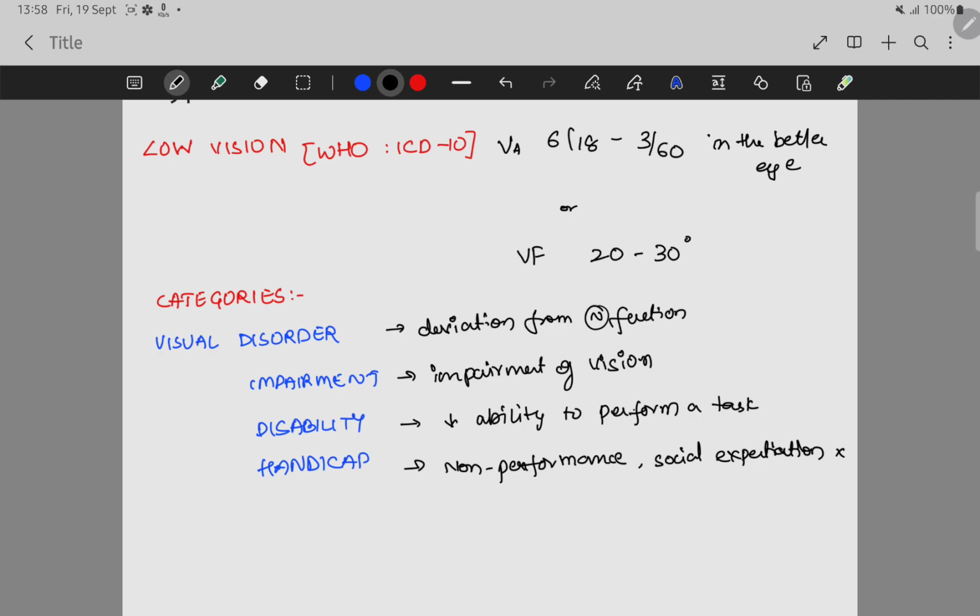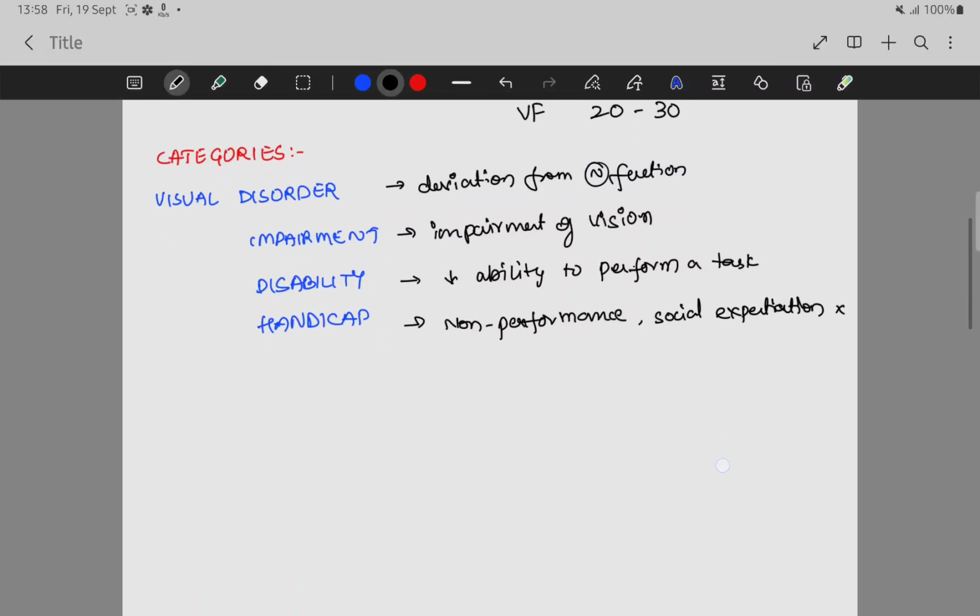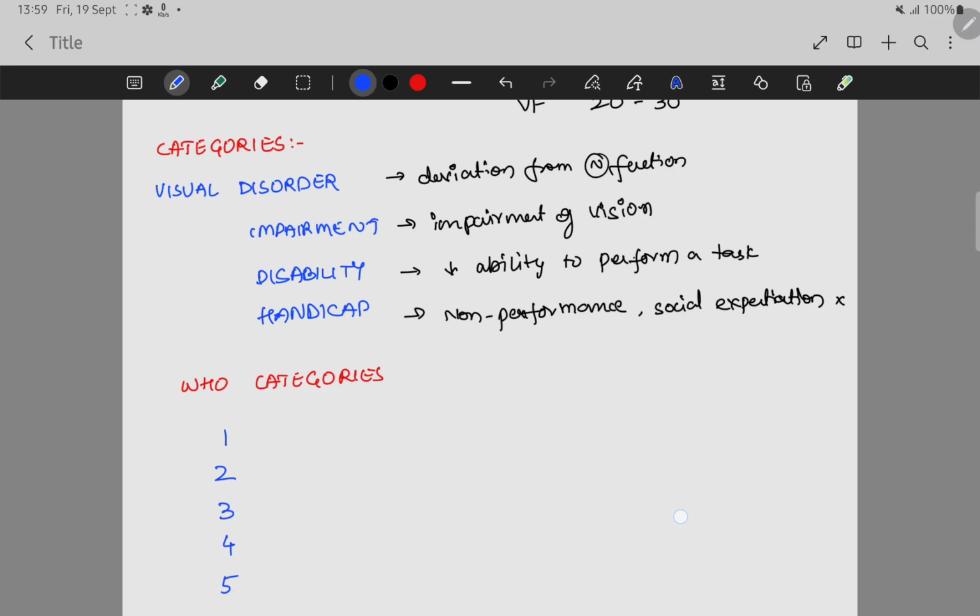Now coming to the WHO categories. WHO has divided visual acuity, or types of blindness, into categories 1, 2, 3, 4 and 5.